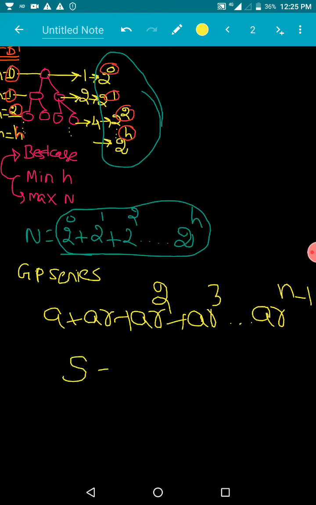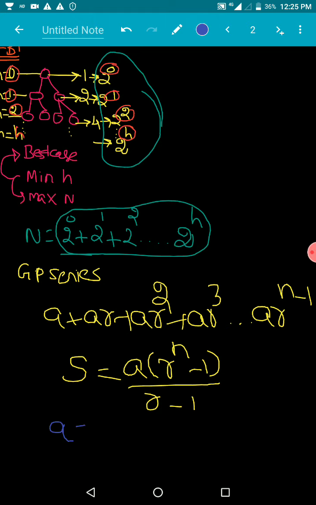The sum will be a times r power n minus 1 divided by r minus 1. So here a equal to 1, r equal to 2, n equal to h plus 1.